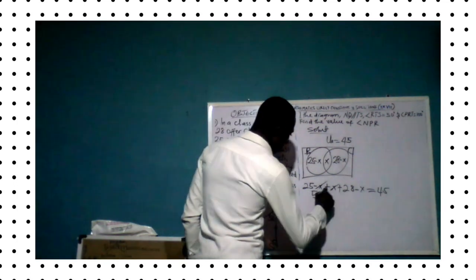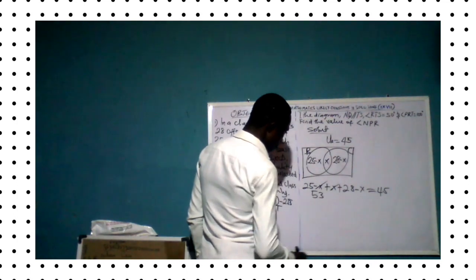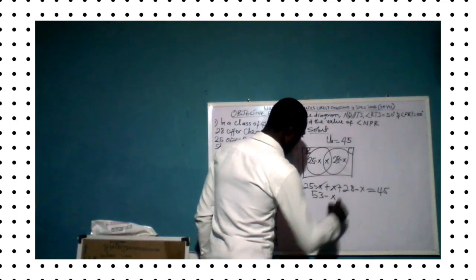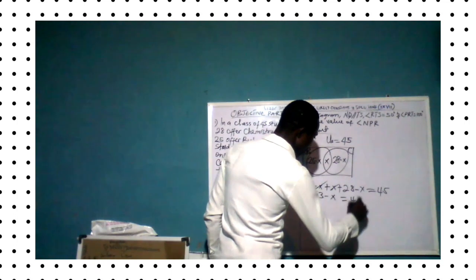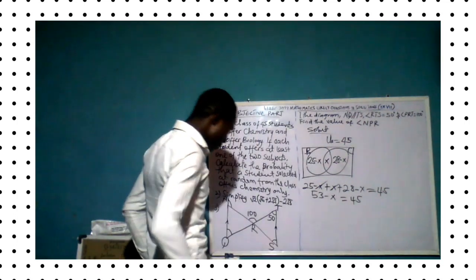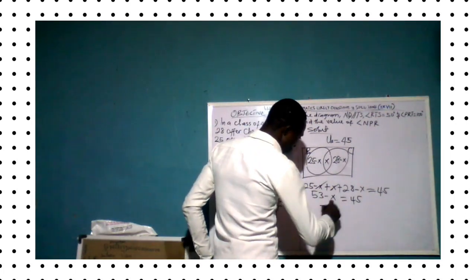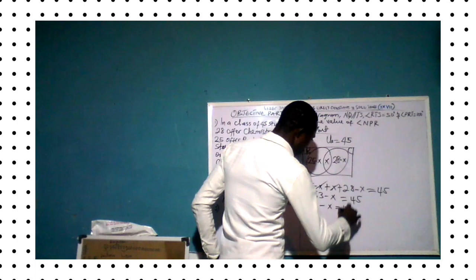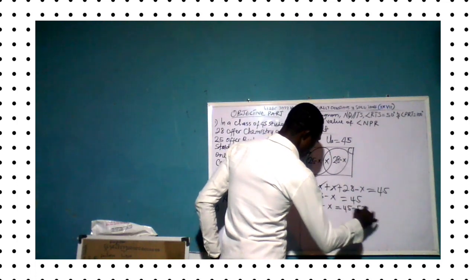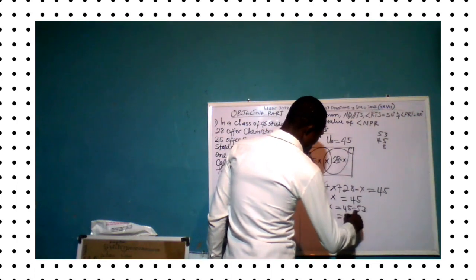So we have 53 minus X equal to 45. From here, if you collect like terms, you have minus X equal to 45 minus 53, which equals minus 8.